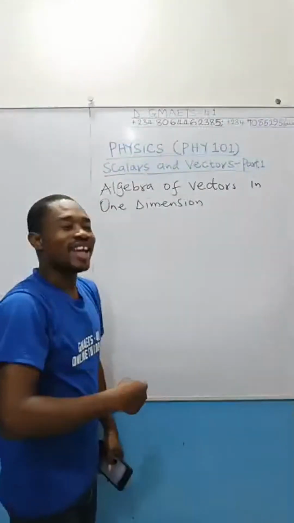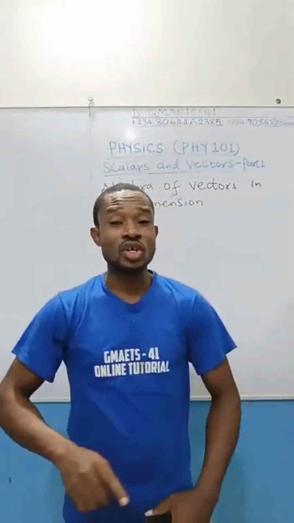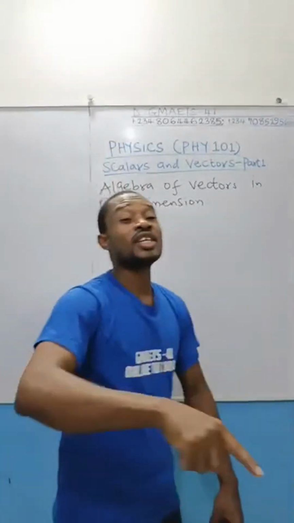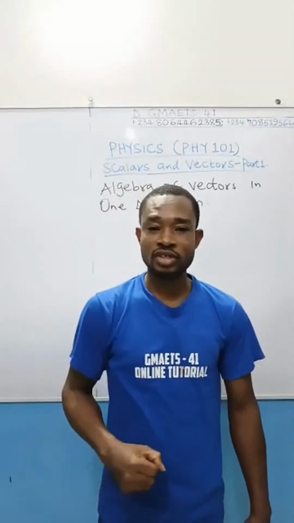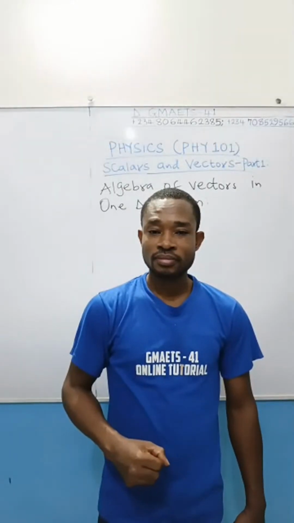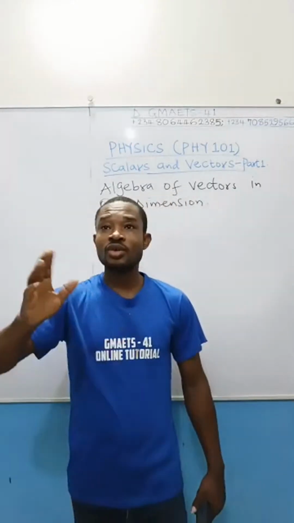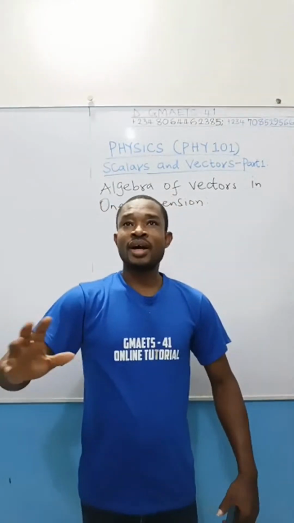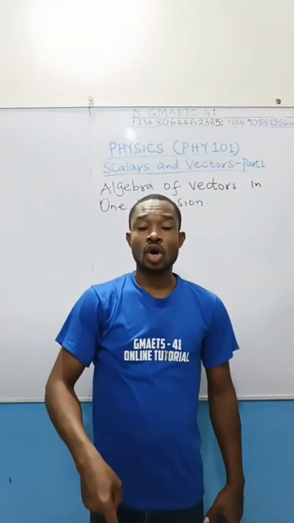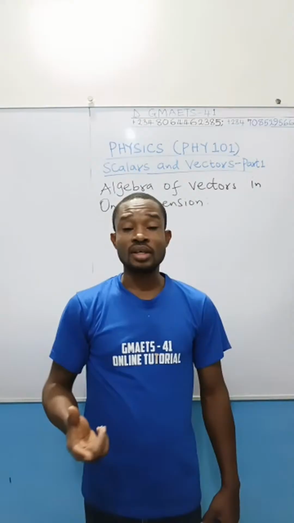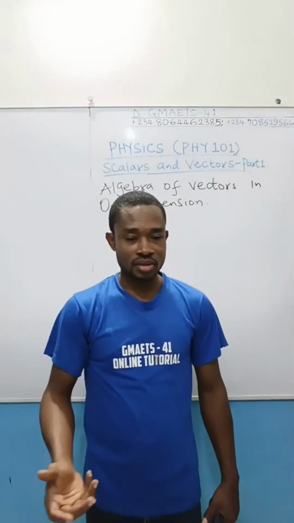A vector moving along the horizontal and at the same time along the vertical is not one dimension, because for something to move horizontally and vertically, it has become a two-dimensional vector. So what am I saying in essence? For a one-dimensional vector, the problem is dealing with a quantity moving up and down, north-south, or left and right, west and east.